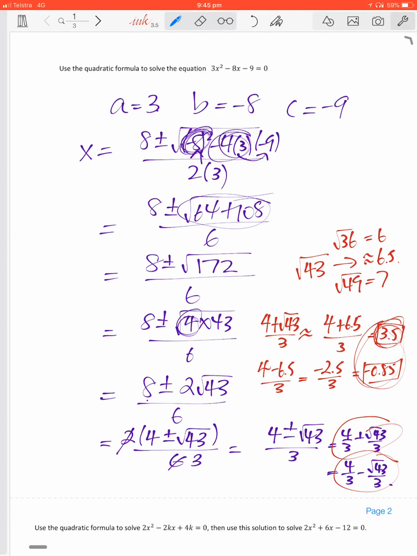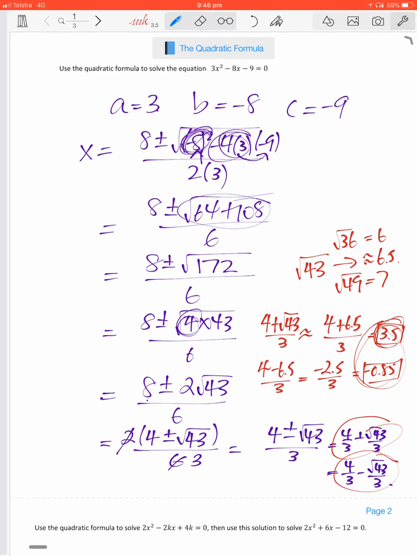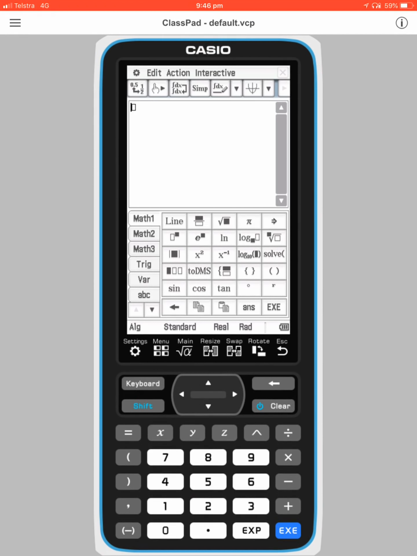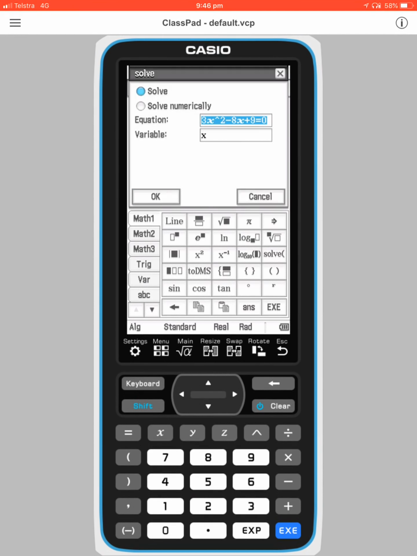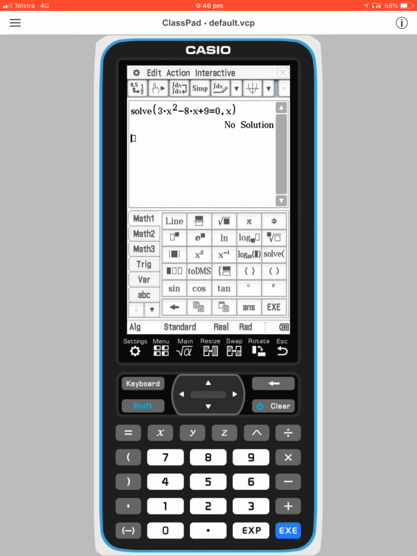Okay, so let's go to our CAS. We have got 3x squared minus 8x plus 9. 3x squared minus 8x plus 9 equals 0. Interactive advanced solve. Okay, 3x squared minus 8x, I think it's minus 9 actually.